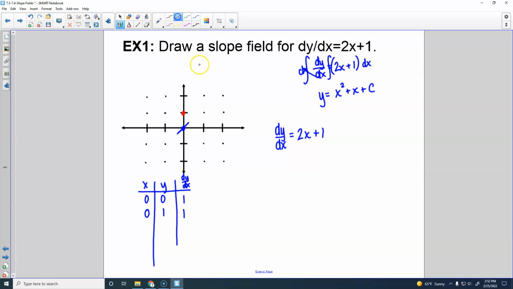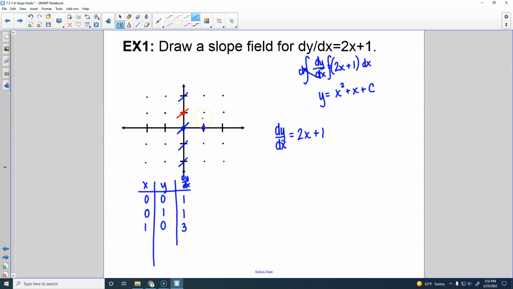Sometimes you can see some patterns, like, if my x equals 0, then the dy dx is going to be 1 for this entire vertical line right here. So we would have all these little pieces here. Let's go over here to the point 1, 0. If I plug in 1, 2 times 1 plus 1 is going to give us 3 for that slope.